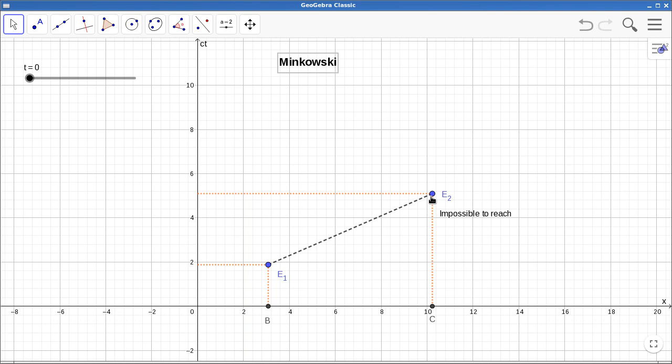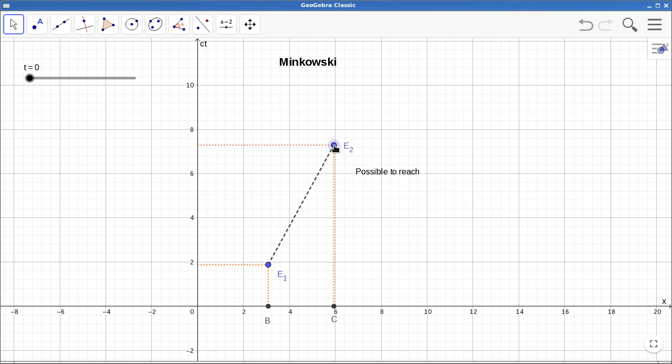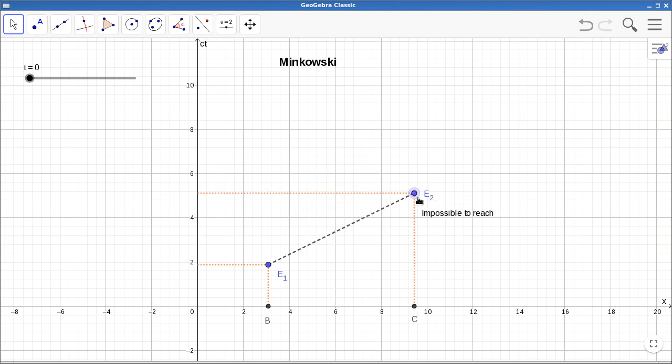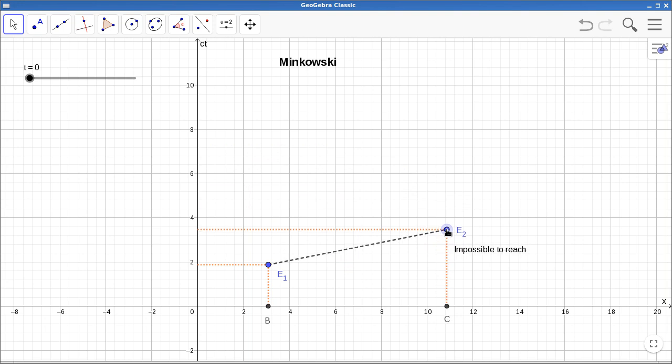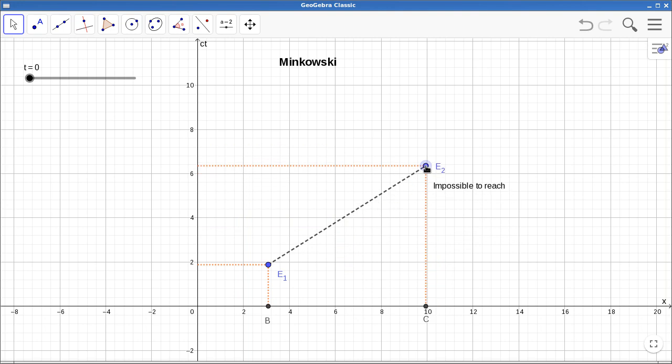We will consider two events, E1 and E2, and discuss whether the event E2 is the future of E1 or the past of E1, or whether E1 and E2 are absolutely separated. To analyze this, the world lines of the photons emitted from these events, which form a wedge or the light cone, will help. So the light cones of these two events will help us in analyzing the events.